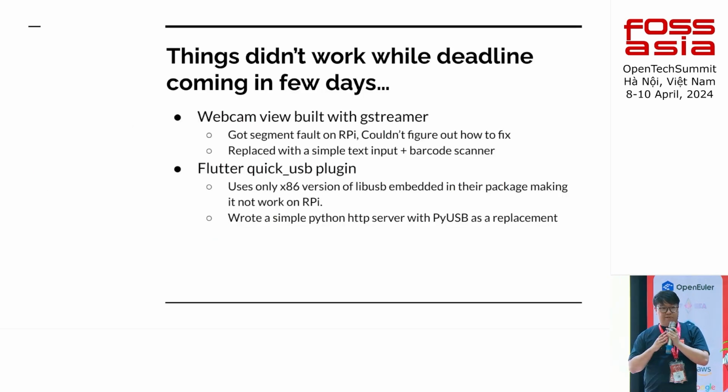But even after that, there were many things that were tricky to work with. One of them was the QR code scanning with the webcam. It was working on my laptop, but it wasn't working on the Raspberry Pi.